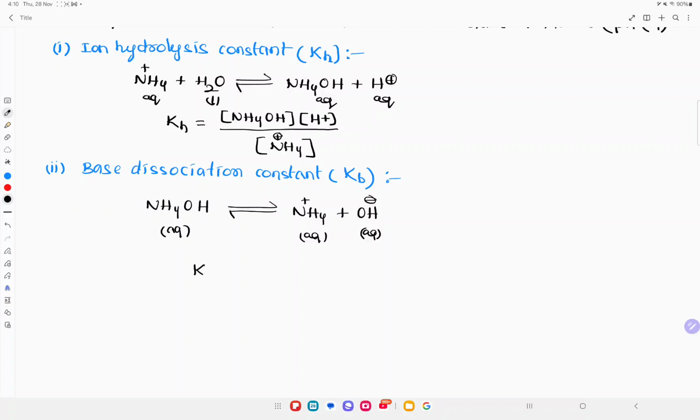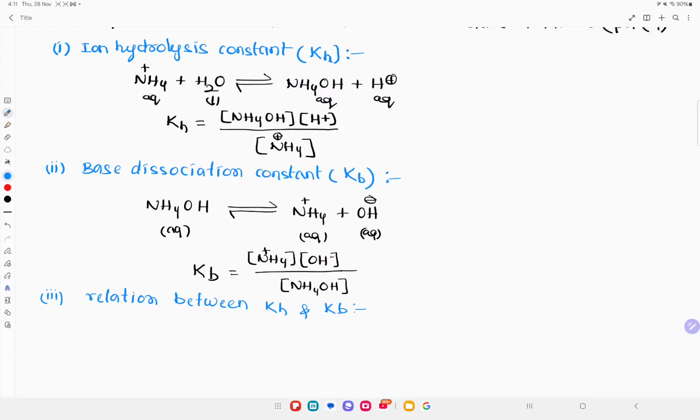So base dissociation constant Kb is equal to what? It is the product of molar concentration of NH4 plus into molar concentration of OH minus by molar concentration of NH4OH. Okay.